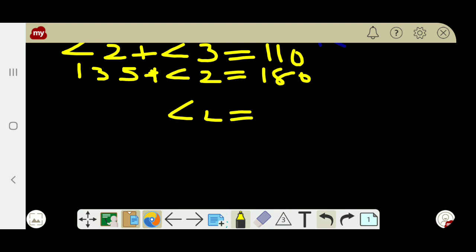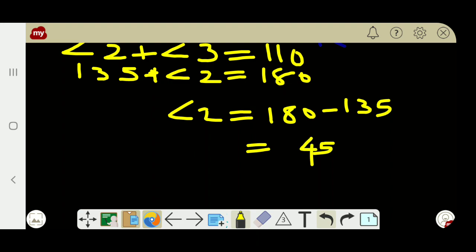So, angle 2 equals 180 minus 135, which equals 45 degrees. Okay, if angle 2 equals 45 degrees, then in equation number 1, angle 2 plus angle 3 is 110.